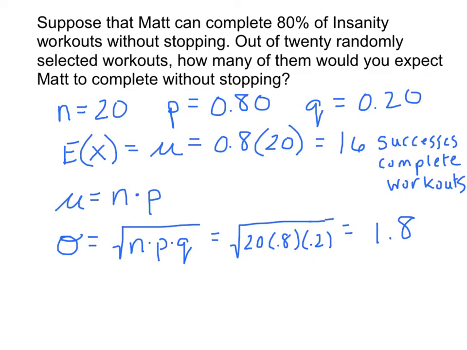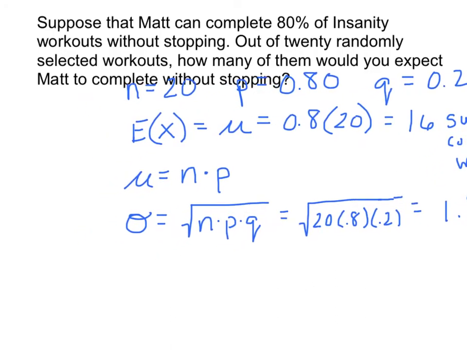Remember that these two formulas for the mean and the standard deviation are unique to the binomial distribution. You can't use these formulas for any other distribution, and they will always work when you know you're in a binomial situation. So keep an eye out for those.